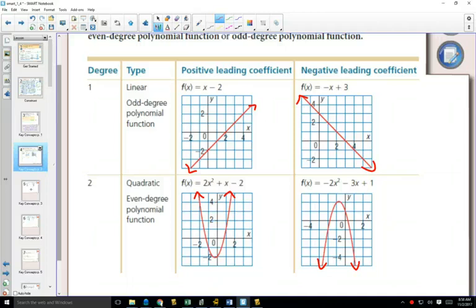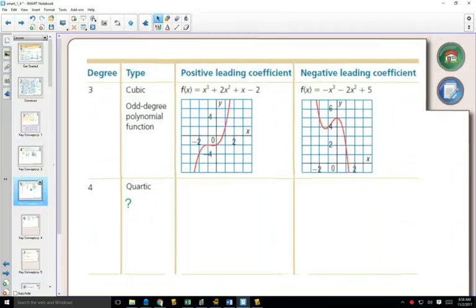But now when we get to the next ones, which are the new ones, a cubic function, if it's positive, can you see how this is like a line going up from left to right? That you're starting from down here and ending up here. And when it's negative, so maybe right beside this, I'm just going to make a line with a positive slope.